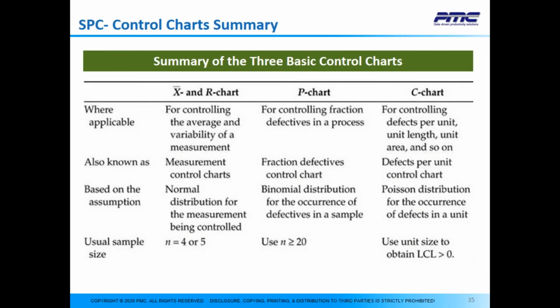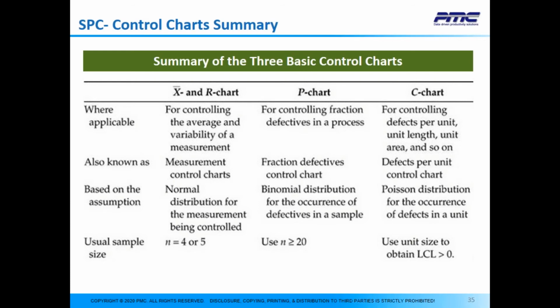And then the P chart is for controlling the fraction defectives in a process. It is also known as the fraction defectives control chart, based on the assumption of binomial distribution for the occurrence of defectives in a sample. We use it when n is greater than or equal to 20.